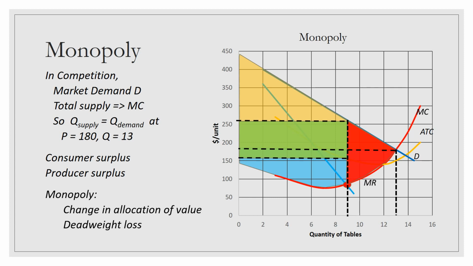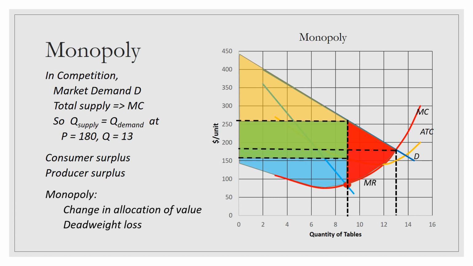The monopoly does two things. One, it changes the allocation of value. The monopolist, the producer, gets more, and the consumers get less of the total value that does get created. But it also limits the quantity being produced and therefore limits the opportunity that we had to create even more value out of the resources that we have in our society.